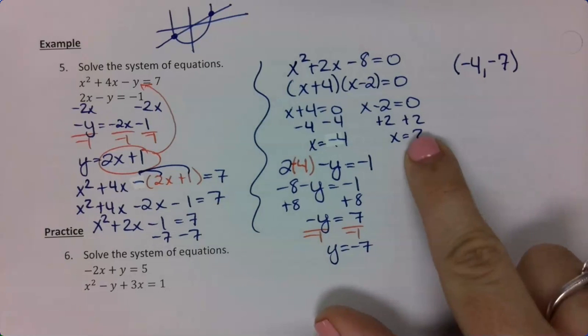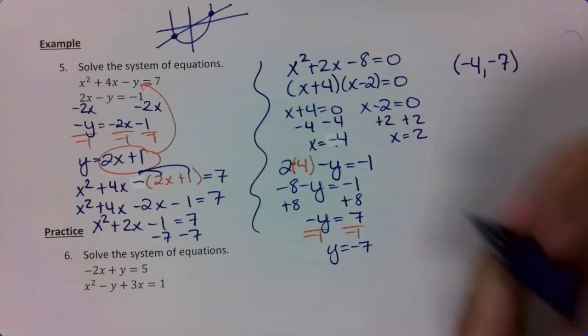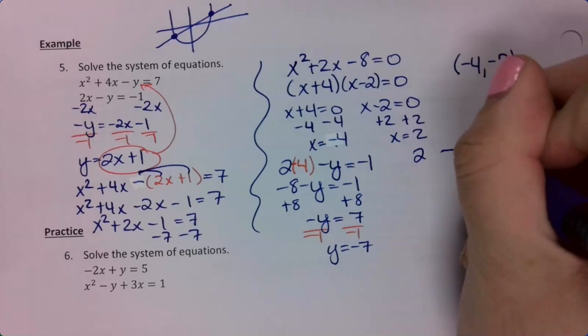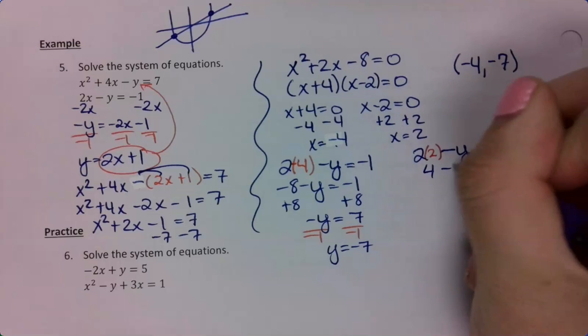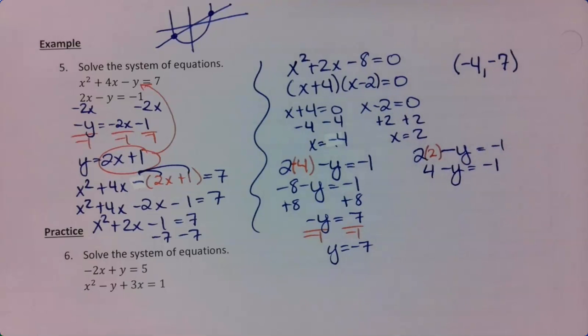Then for my second point, which equation do you want me to plug into? The bottom. You can plug into the top one, and it should give you the same answer. It's just more work. So 2 times 2 gets me... And then what do I want to do?